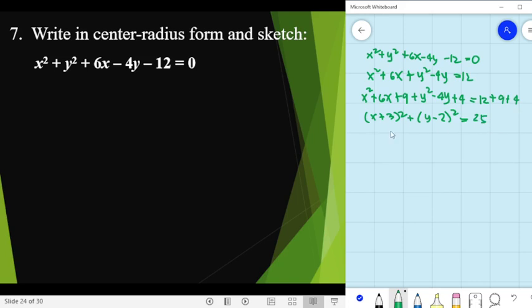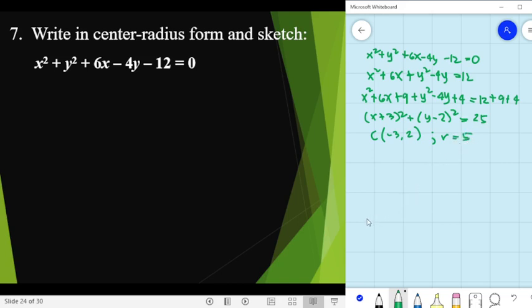So from here, we can get now the coordinates of your center or the HK. So the H would be negative 3, and the K would be positive 2. And the radius is the square root of 25, and that would be equal to 5.